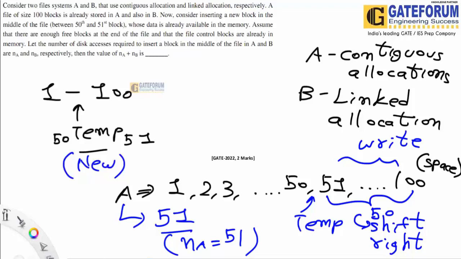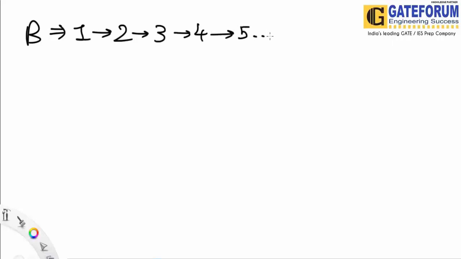Let's discuss the linked allocation on the next part. So let's say we are having B where 1 is pointing to 2, 2 is pointing to 3, 3 is pointing to 4, 4 pointing to 5. Similarly, we can have 50 pointing to 51, 51 pointing to 52, and so on till the last one.